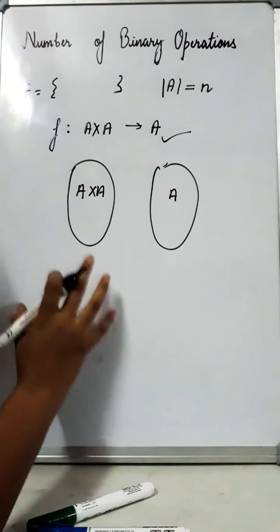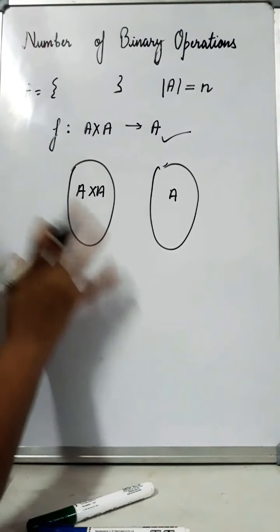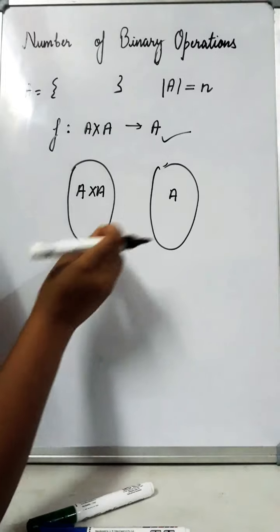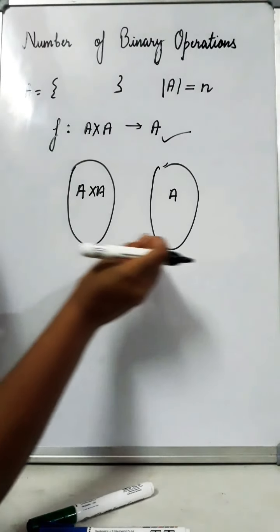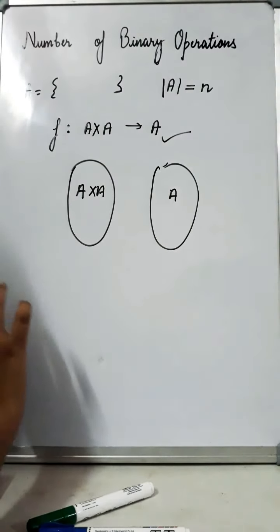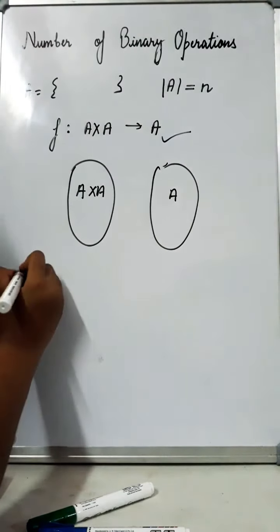When you know the number of elements in the domain and codomain, what is the total number of functions? Suppose there are n elements in the domain and m elements in the codomain. Then the total number of functions is m to the power n.